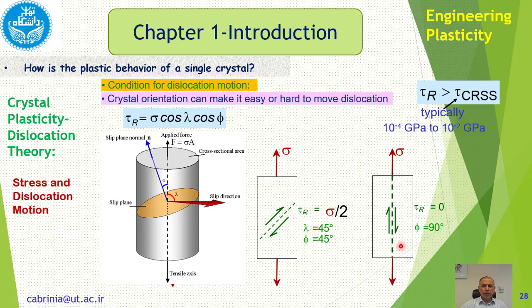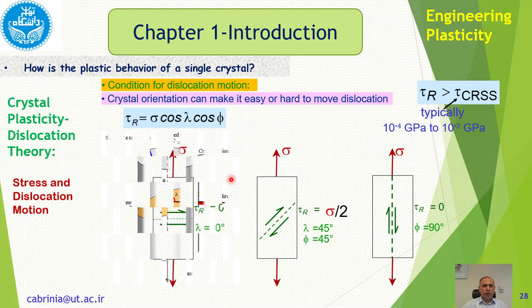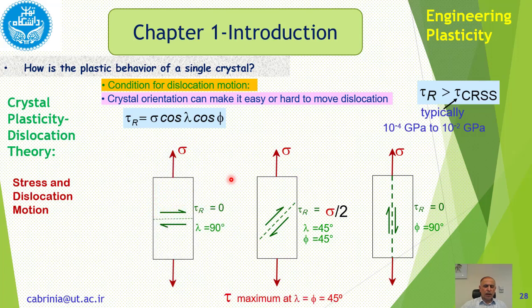Now here again, if phi is 90, that means the slip plane is oriented such that phi becomes 90. If that happens, again cos 90 is 0 and tau r is 0. So these are the extreme conditions shown in here.